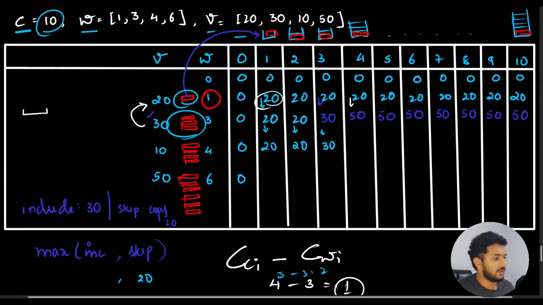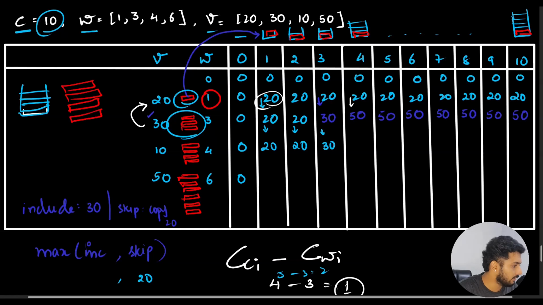30, and now at this point the current capacity is 4, and the number of blocks are 4. So we can accommodate all these blocks into what? This stack. But we need to make sure that the profit that we earn is maximized.